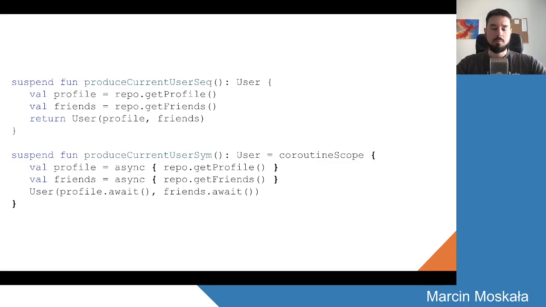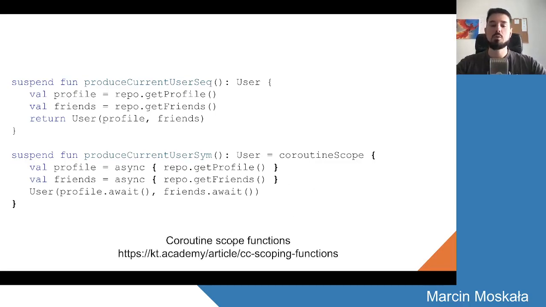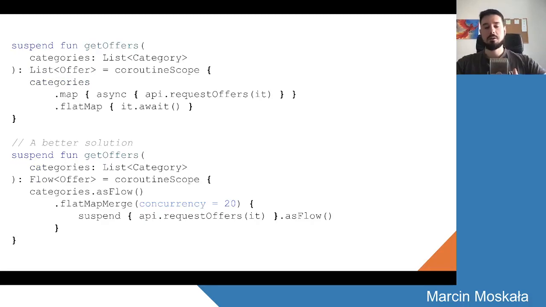Much more about coroutine scope and other coroutine scope functions we'll discuss next in the chapter, also published, coroutine scope functions. You have a link below. So another thing you might want to modify: imagine that you want to fetch requests for each category, but what if there are hundreds or thousands of categories?